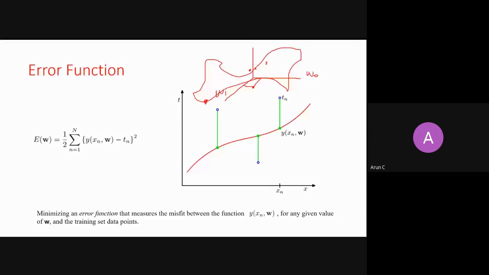The intercept should be this, and the slope should be this, and corresponding to this is the error which is minimum. So for my model, W0 and W1, this is the best value I can get because it has the minimum error on the surface. This is what you're going to get.